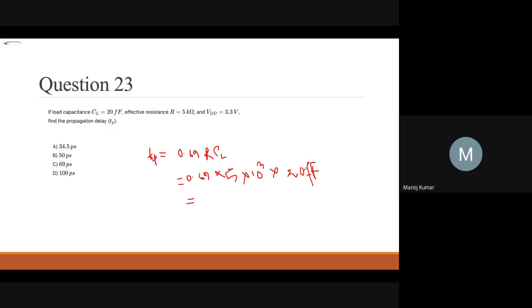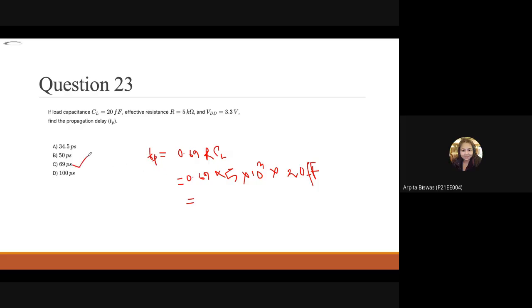It is a simple calculation, right? Just multiply 0.69 into 5 into 20, and then the power of ten. Yes, 69 picoseconds.